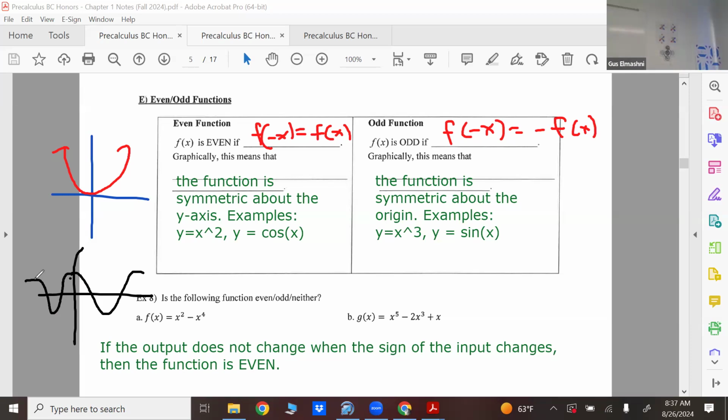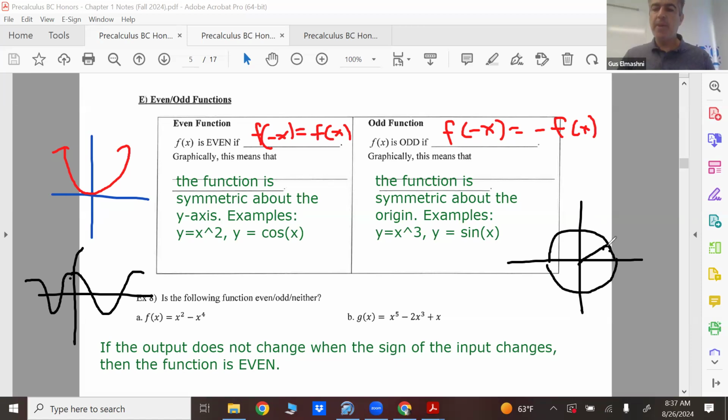So quick quiz in the unit circle. What's cosine of pi over 6? That's pi over 3. It's square root 3 over 2, good. Now what's cosine of negative pi over 6? Still the same thing.